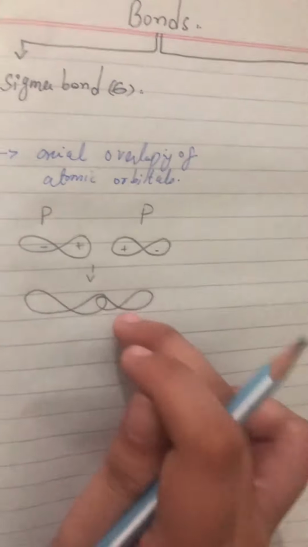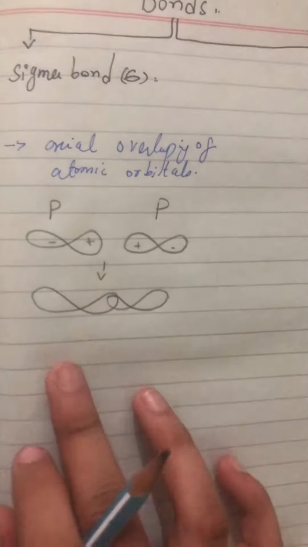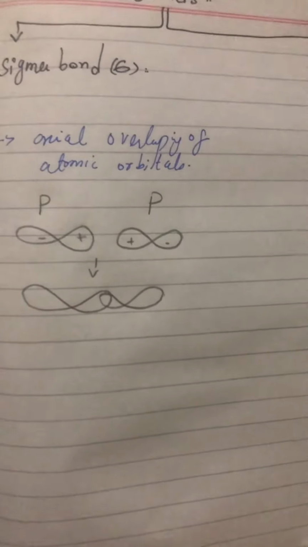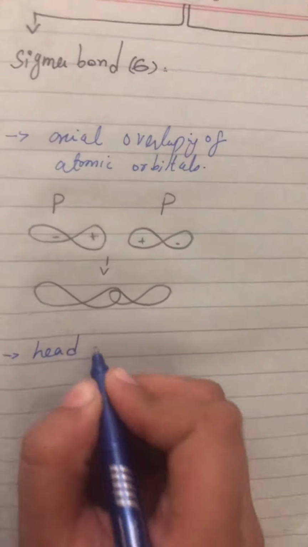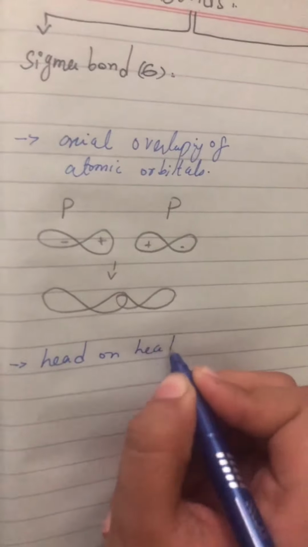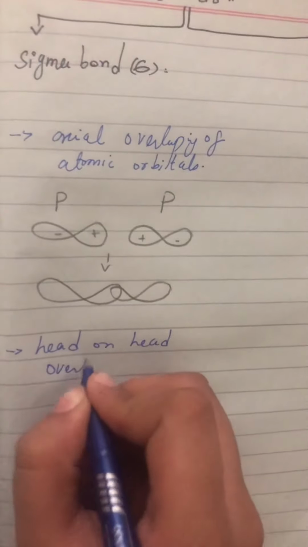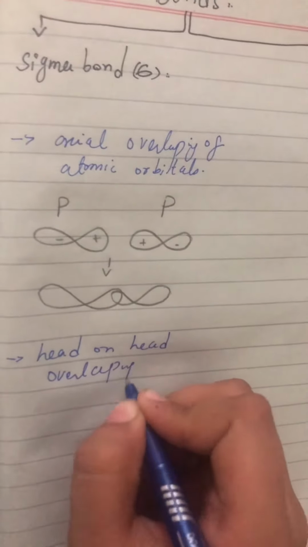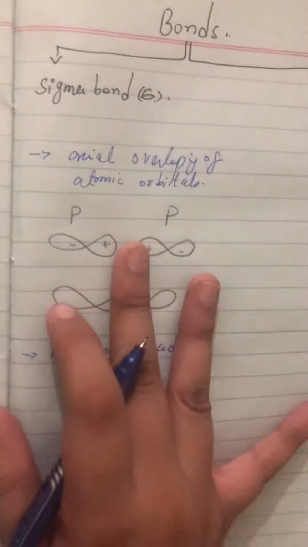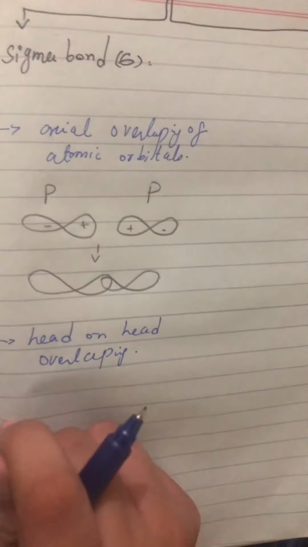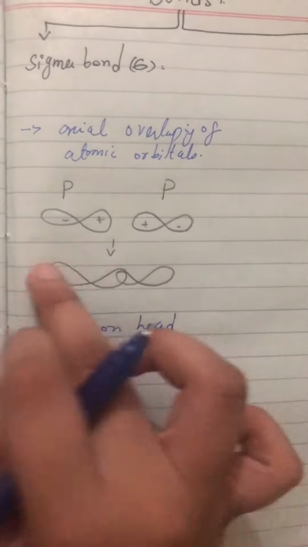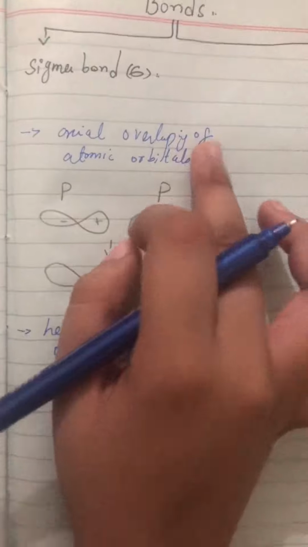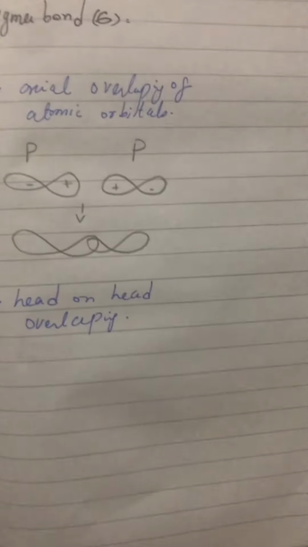So that's called the axial overlapping. This is also called head-on-head overlapping. The sigma bond will be mostly, or we can say always, made on the x-axis. Like you can see here, this is the x-axis, there is an axial overlapping of atomic orbitals.